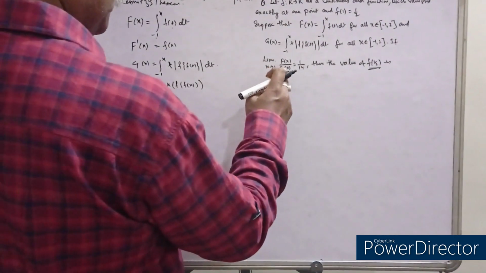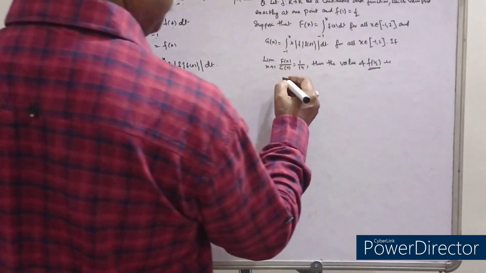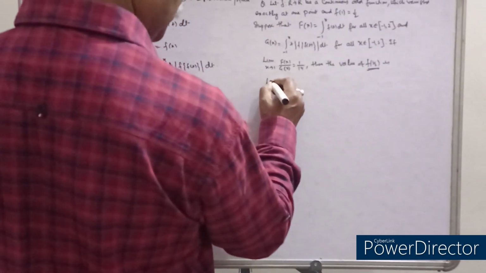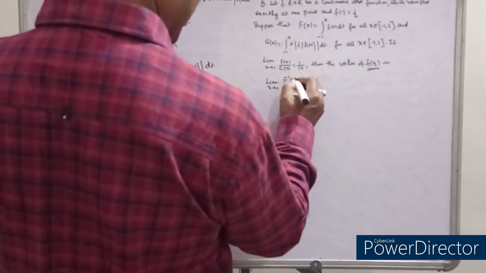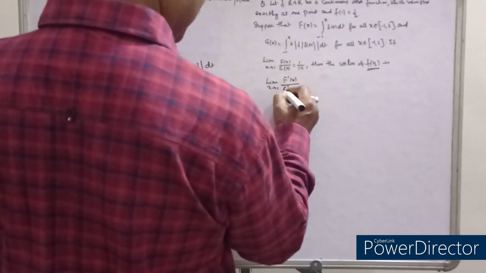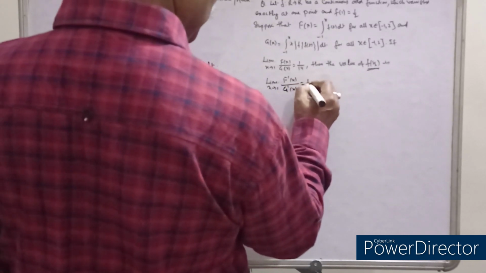Now I'm going to apply L'Hospital rule here. If I apply L'Hospital rule, then the limit as x tends to 1 will be F dash x by G dash x, and this will be equal to 1 by 14.